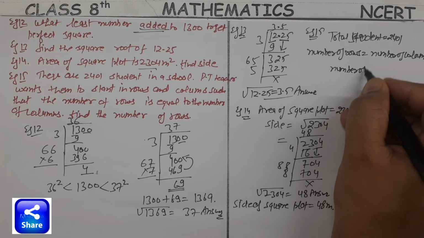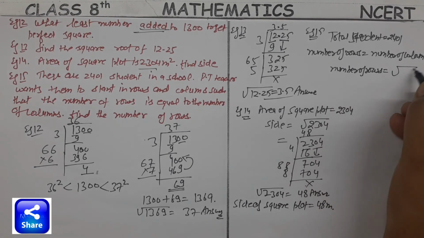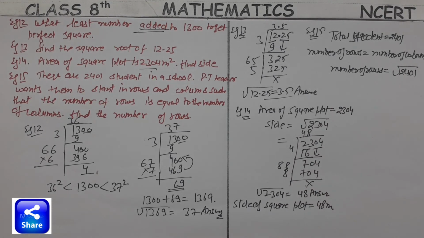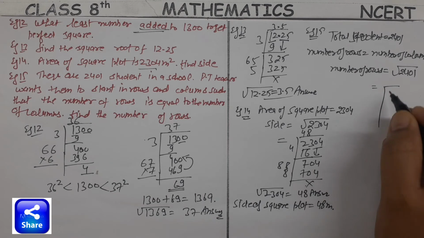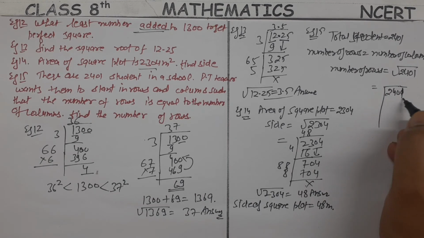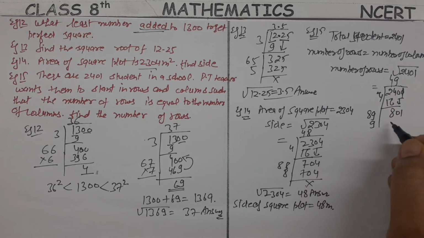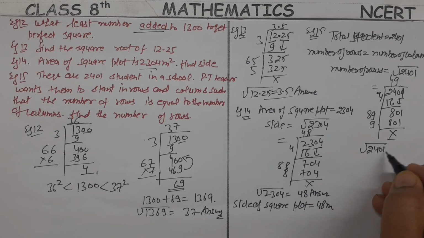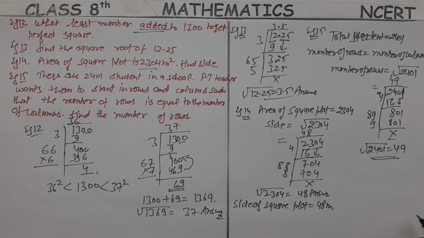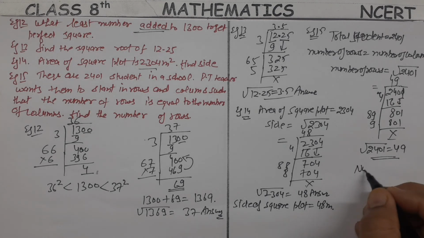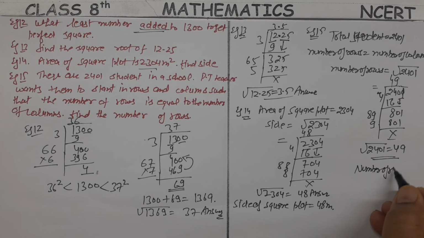So number of rows equal to root 2401. Find its square root. Double of 4 is 8. Write 9. 9 multiplied by 9. We have 801. Hence the square root of this number is 49. So the number of rows is 49.